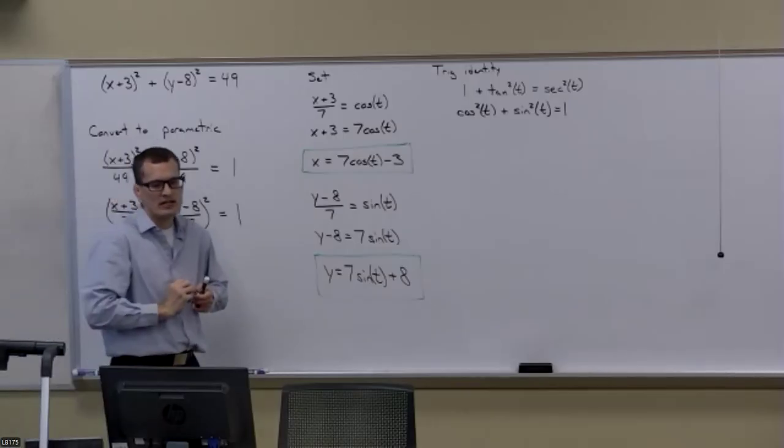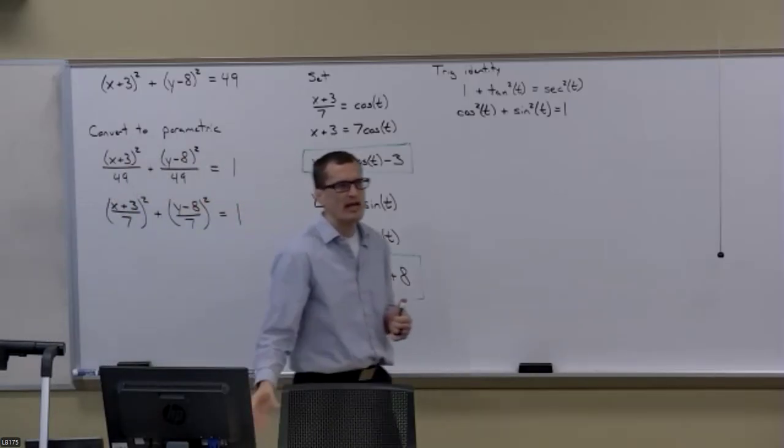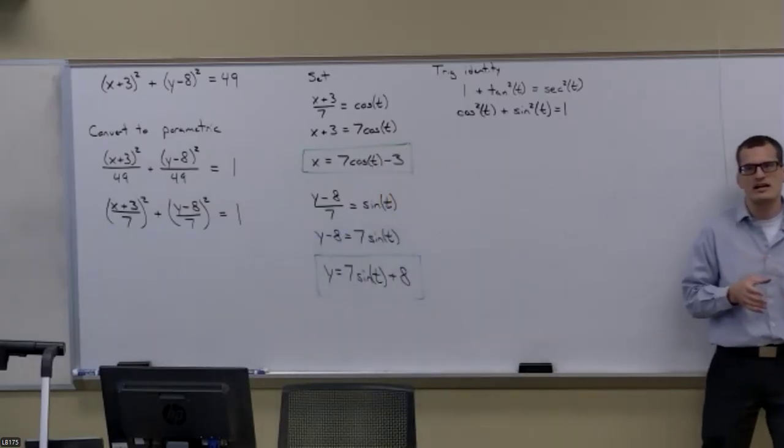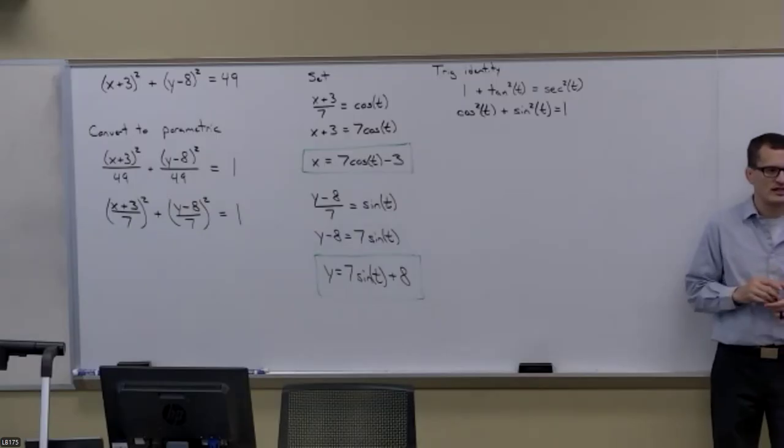I make it look like one of our trig identities, and then I substitute out one expression for cosine and another expression for sine. Any questions about this so far? Pretty straightforward.